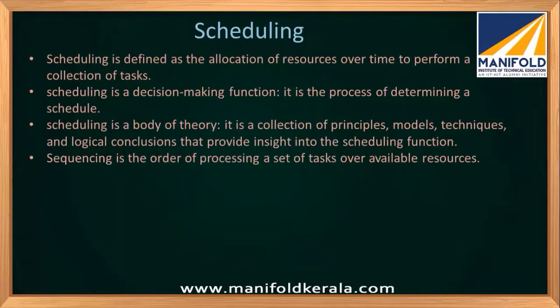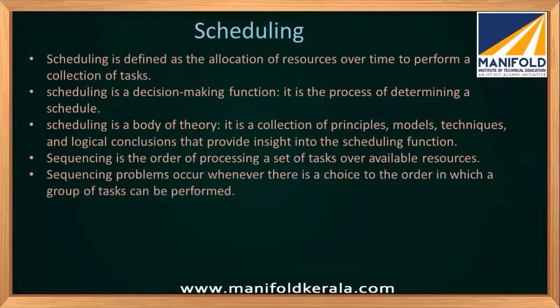What is the order or the sequence? That order is known as the sequence. You might be familiar with sequencing: when you have a roll call, you have a sequence, based on alphabetical order. Alphabetical order is a sequence, right?